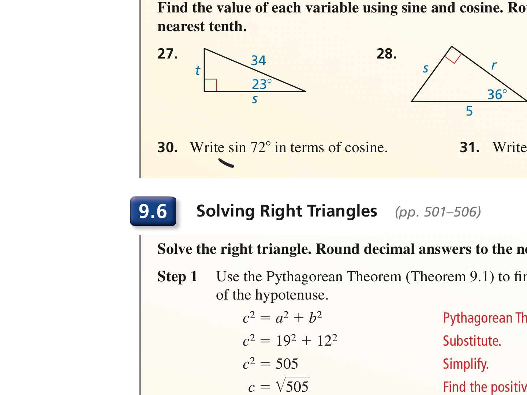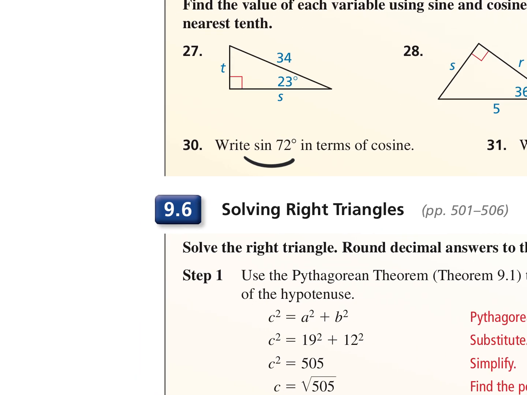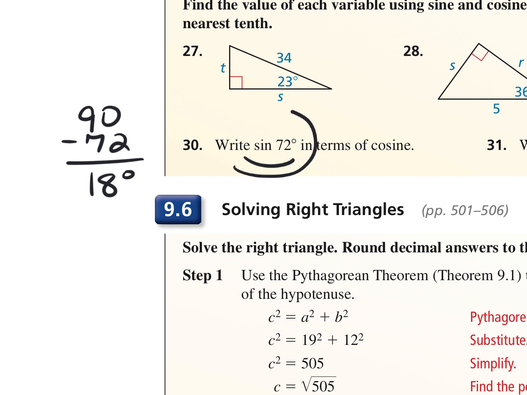So to rewrite sine of 72 with the word cosine instead, all you have to do is take 90, subtract 72, you get 18. So now to rewrite this, you take the complement and put the word cosine now instead. Be able to do this tomorrow.